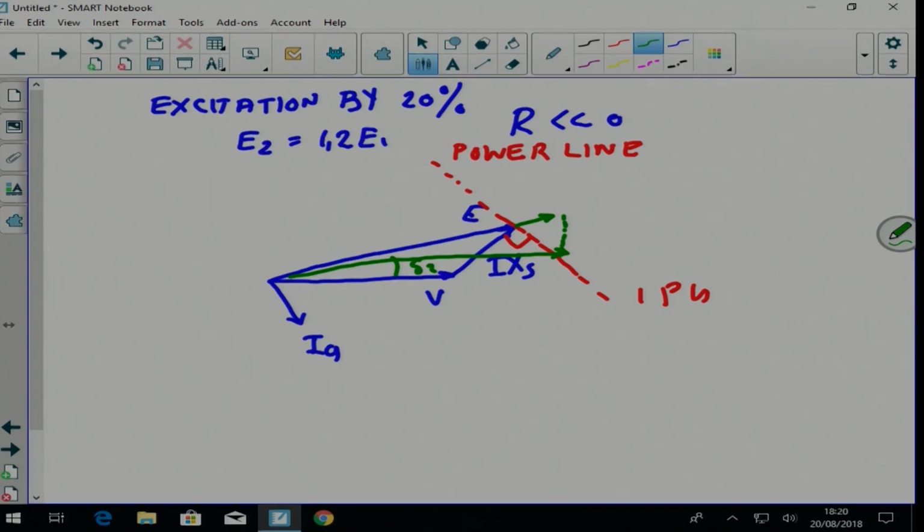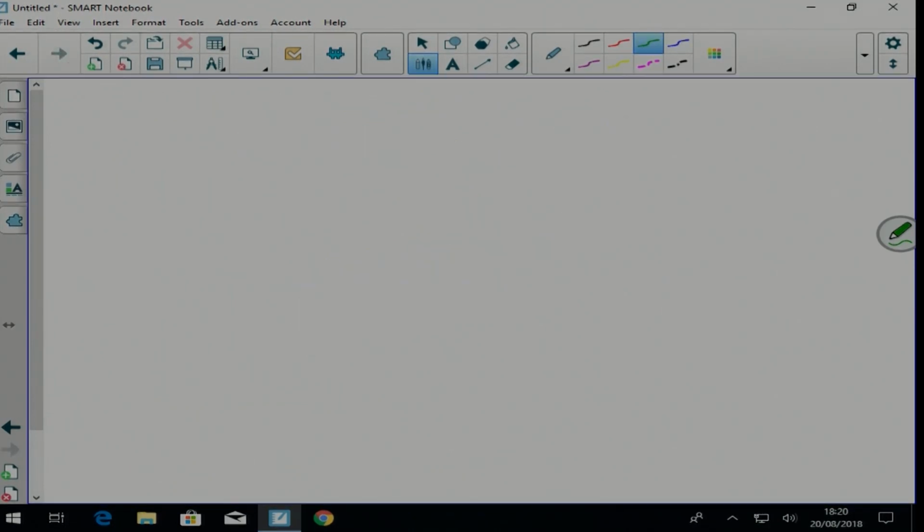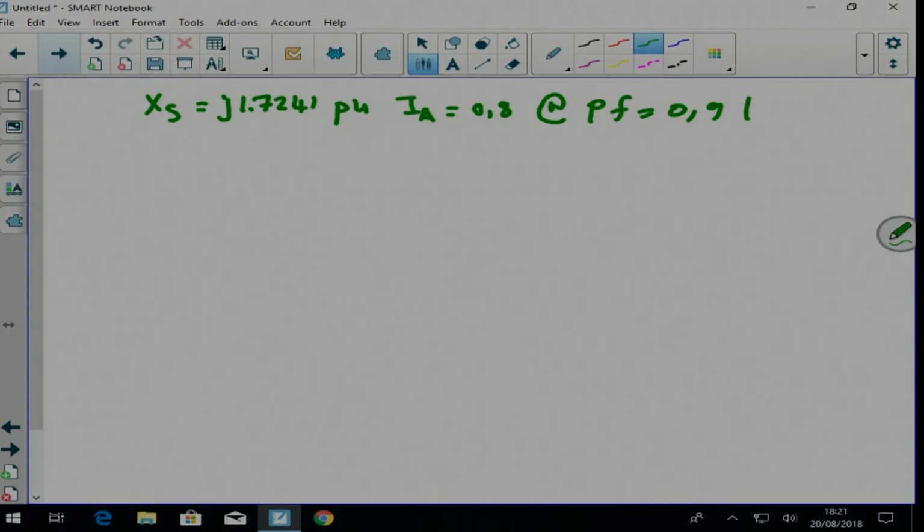Let's look at a numerical example. Let's say we have XS is equal to j1,7241 per unit. The current that this alternator is supplying is 0,8 at a power factor of 0,9 lagging.